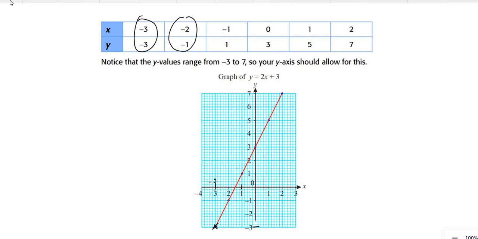Then -2 in x, -1 in y, okay, so here's my other dot. And then with x equals 1, here's my dot, 1x, 5y, and 2x, 7y. Okay, and here you have the graph. Whenever they give you the equation, you do the table of values, and then you do the graph.